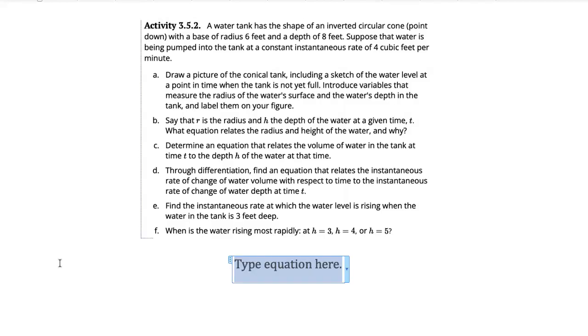First, if I call the maximum radius 6 feet, I'm going to call that R. I'm going to call the maximum height 8 feet.